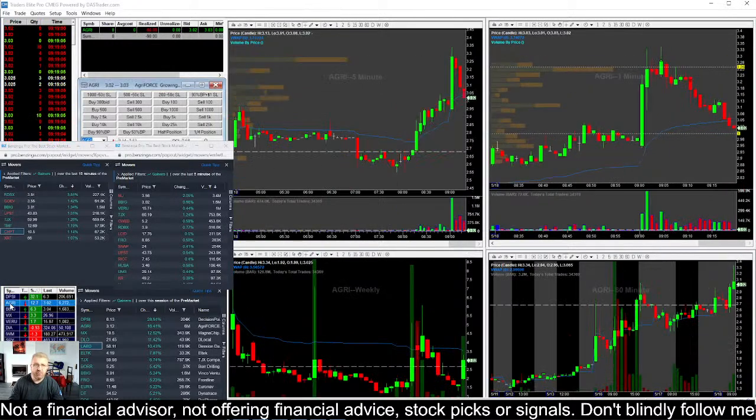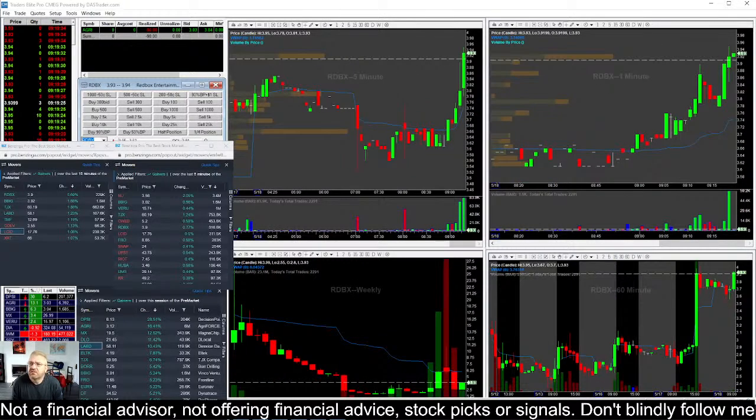Agri is the top performer at the moment, even though it's pulled back. Well, we broke the VWAP on agri. Whilst agri's trying to bounce on the VWAP, I'll take a look at red box. Going green on the day. It's the top momentum stock over the last 15 minutes.